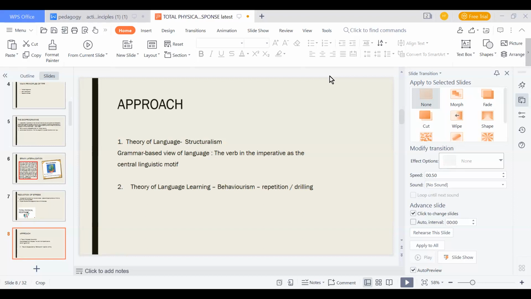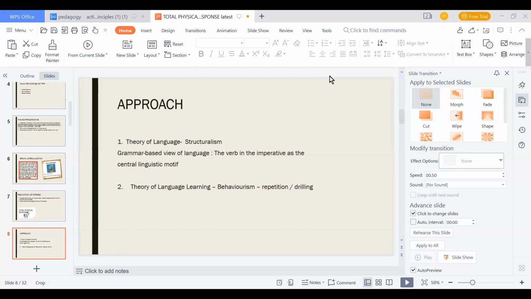If you know the rules, you know the language, right? So basically, they focus on the structure of language. They use structures to teach language because they think knowing a language is knowing its structure. So you give them opportunities to learn the structure of the language.